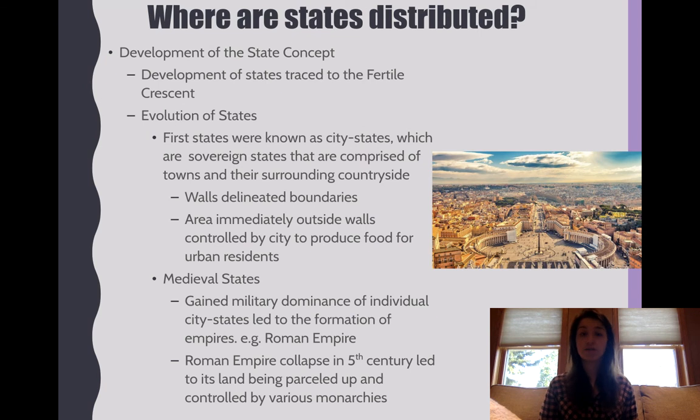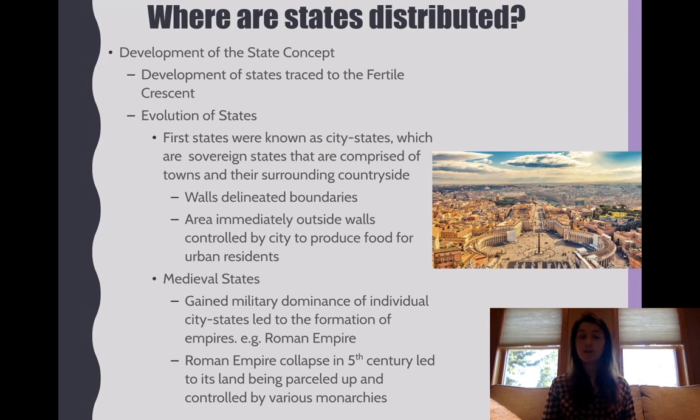And its origins actually came from city-states. Remember that term? Greek city-states. A city-state is a collection of a city and the surrounding countryside, and often they had walls that delineated those boundaries. The area immediately outside those walls was controlled by the city-state anyway.